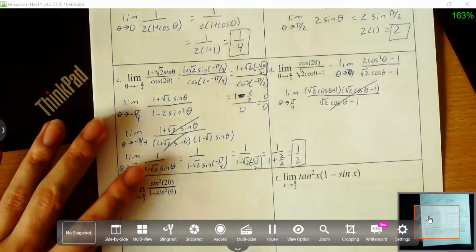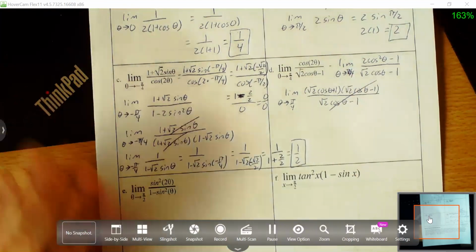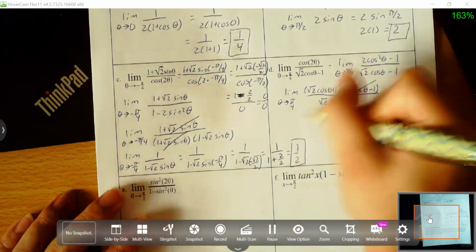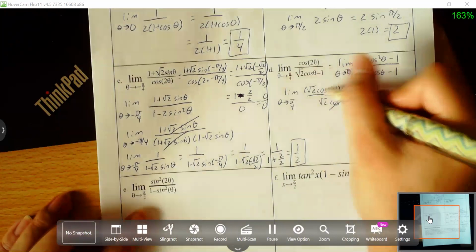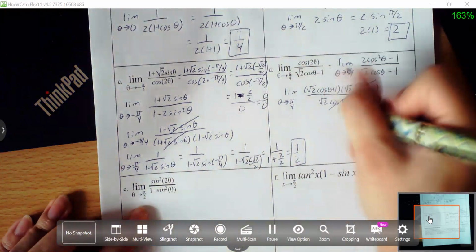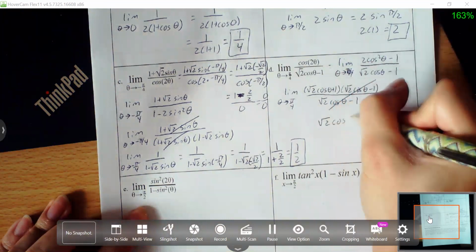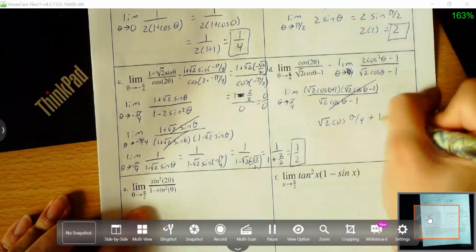And so I just have the limit as theta approaches pi over 4 of this. So if I plug that in, I get root 2 cosine pi over 4 plus 1.